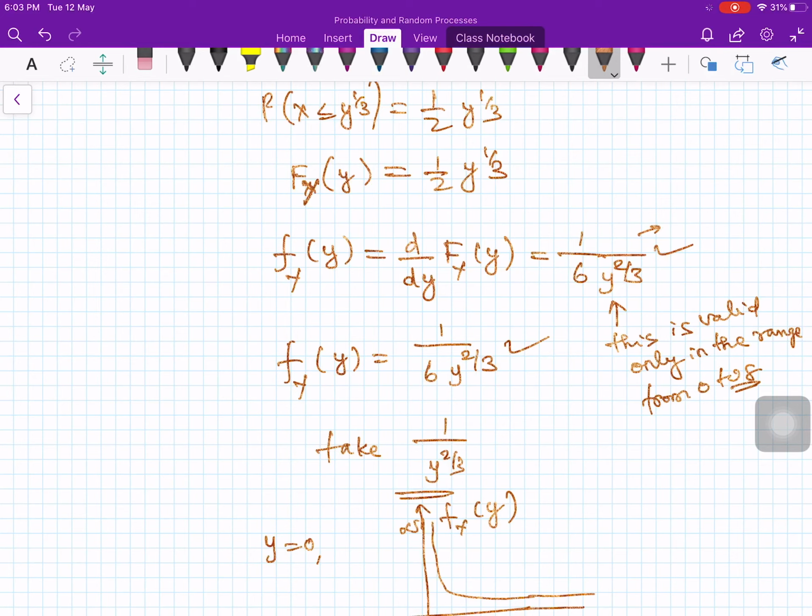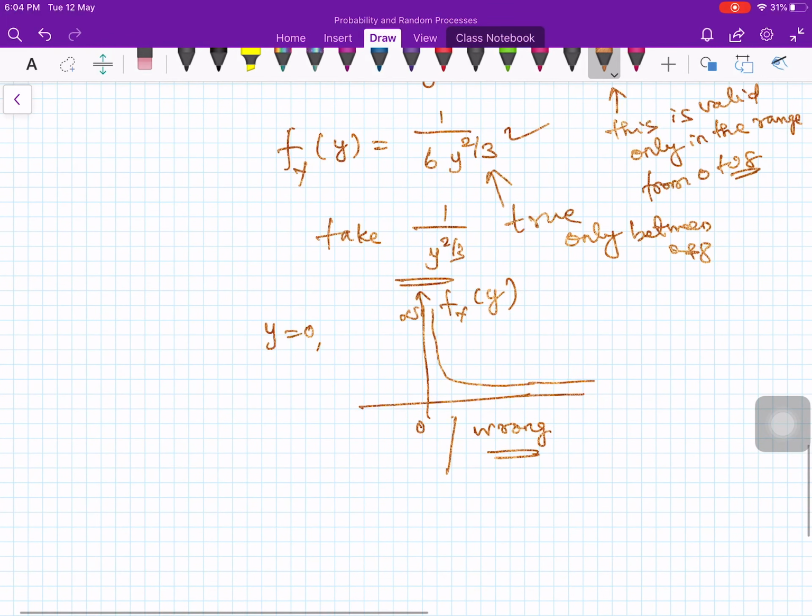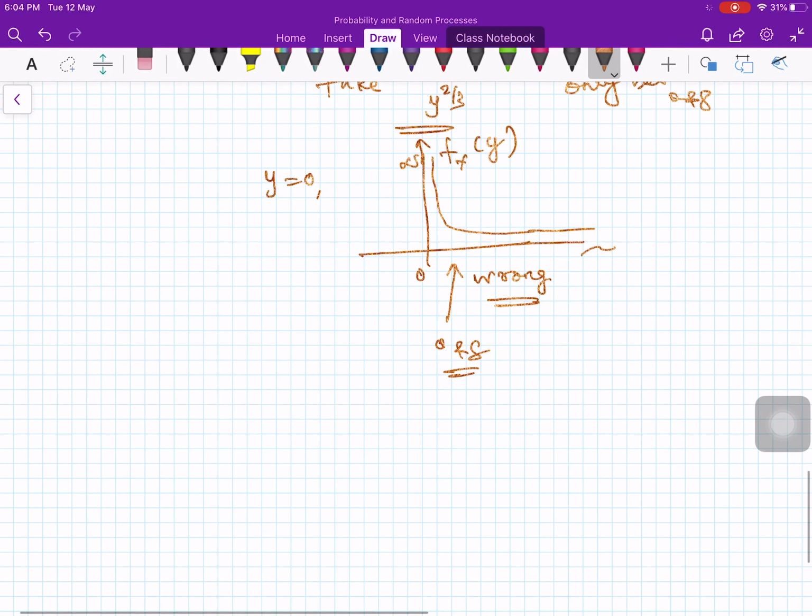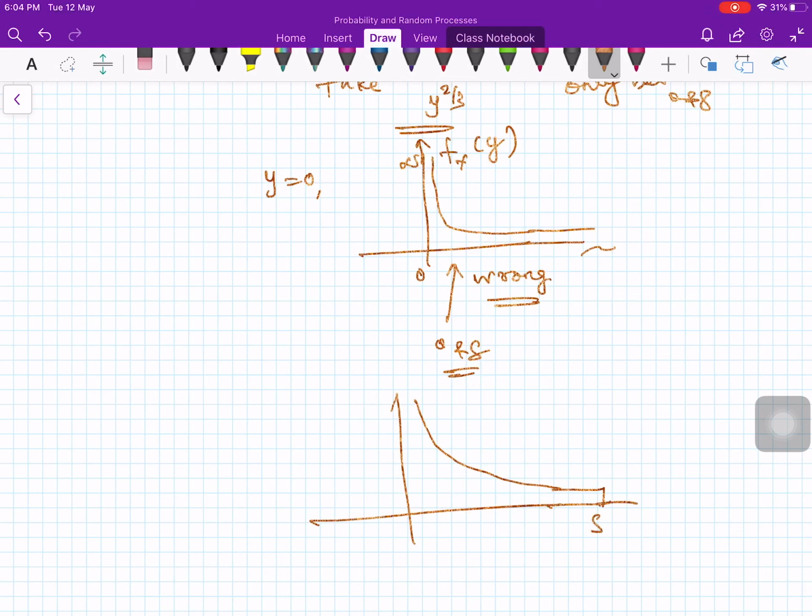Therefore, once you take the derivative, the formula for the derivative is also true only for y between 0 and 8. Therefore, this plot also should be between 0 and 8. But it goes up to infinity. That is why this is wrong. So redraw the figure. It goes like this, and it is cut off at 8.